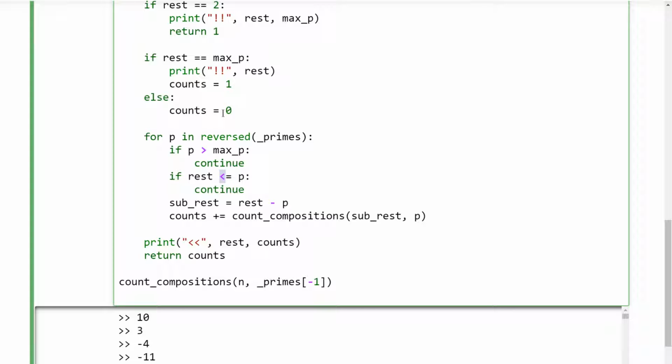No, this isn't right. No, it is right. But can I even break here? We're starting from the larger prime, so smaller ones are to come, so we don't break here.